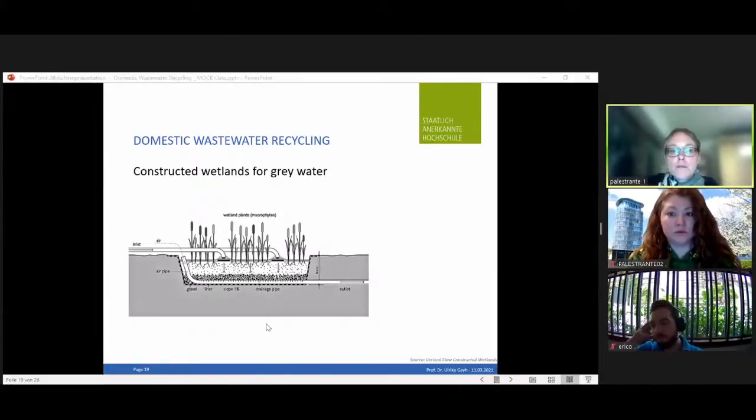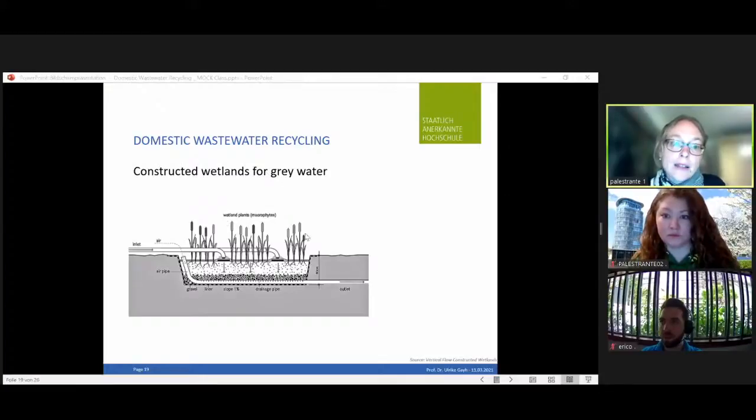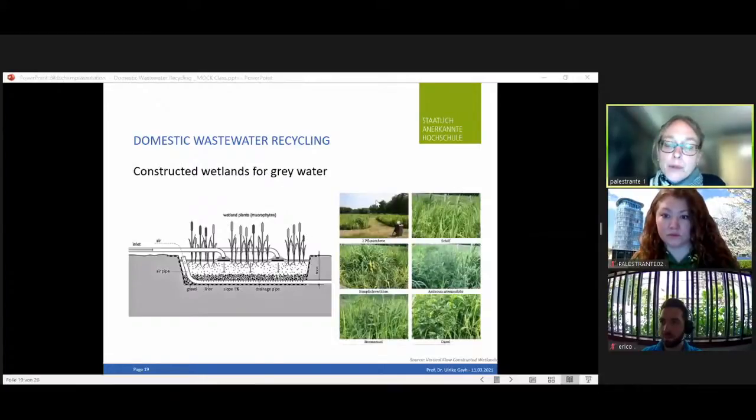Here it's just for you, as I talked about the constructed wetlands, but what is really a constructed wetland for gray water? You have plants, so here you see, I put also some pictures from a constructed wetland which I have worked with. You have different plants which are cleaning your water. You have here the inlet.